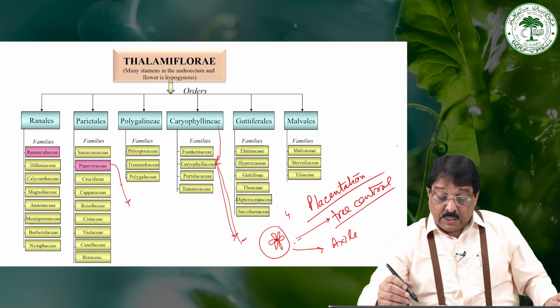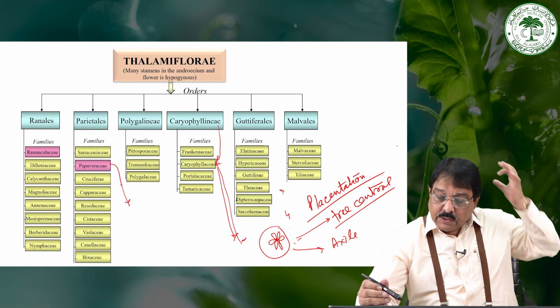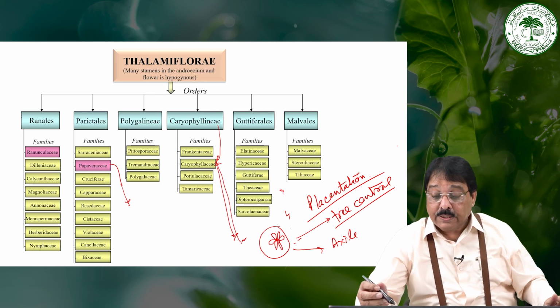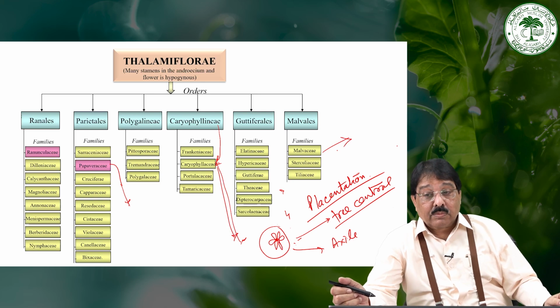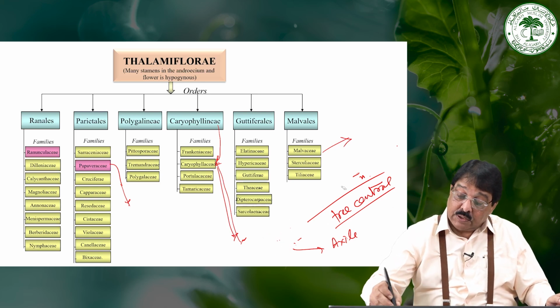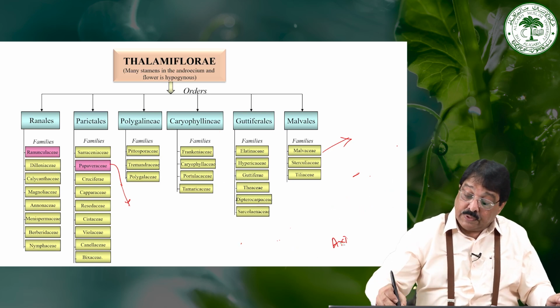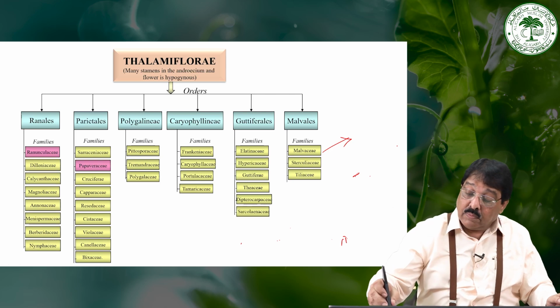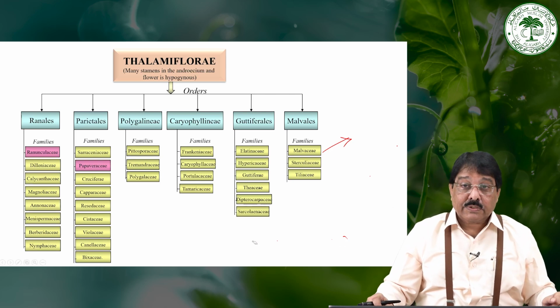Well, in the case of the Guttiferae, there is no particular family in your syllabus, so you just have to go through it. In the Malvaceae, there is one family in your syllabus, the Malvaceae, and it is very easy to identify. How would you identify the Malvaceae? You have been studying the Malvaceae family since ninth class.